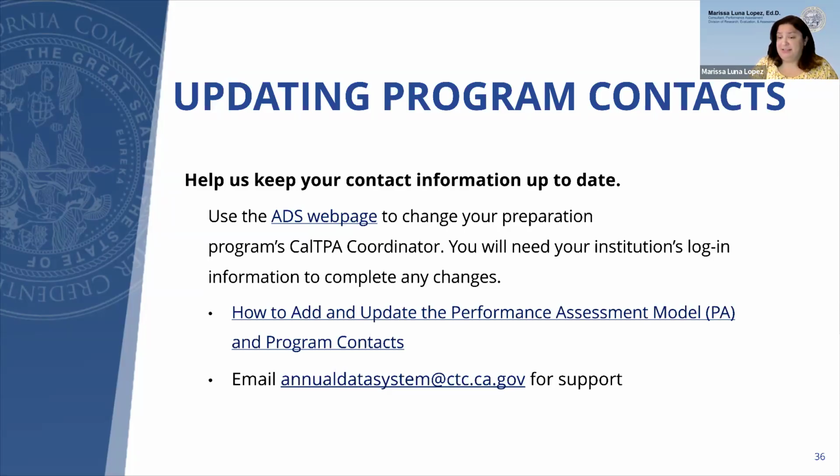If you look on that list and say, wow, that person hasn't worked here for 3 years, and you're unsure of what to do next, there are some steps in there. But if you are unsure, contact that annual data system email address. Those folks can help you. If you email me, then I'll probably forward it to that annual data system, because I can't change those. Only institutional representatives are able to do so.